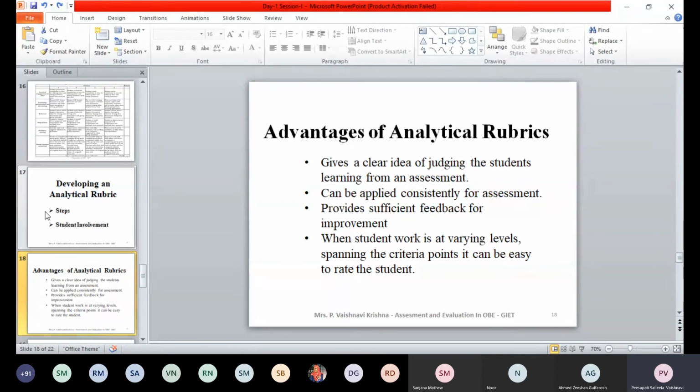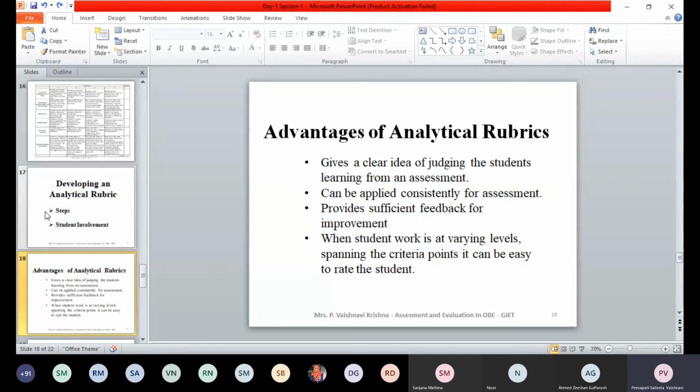And then when student work is at varying levels, spanning the criteria points, it can be easy to rate a student. This works in every classroom, because you have different levels of students. Now, some students are very nearly equal to one another.